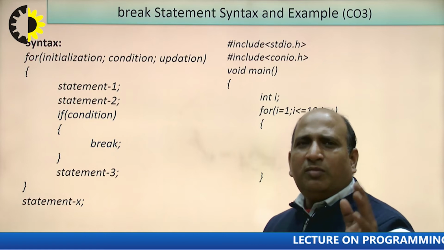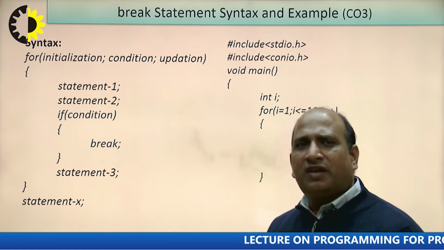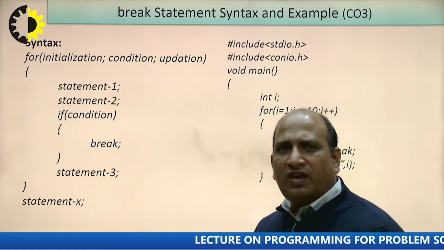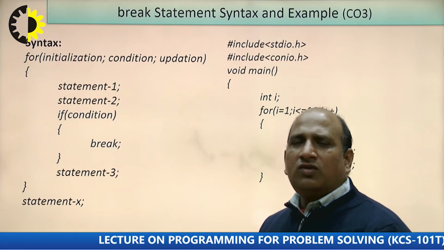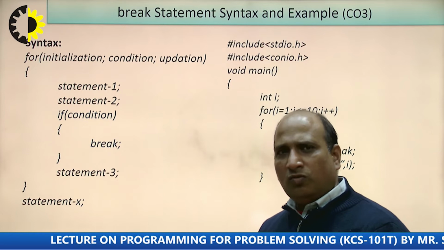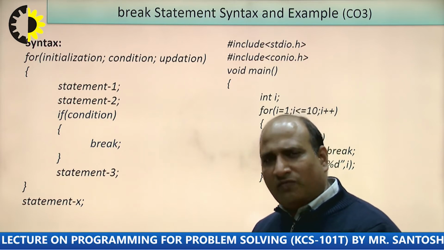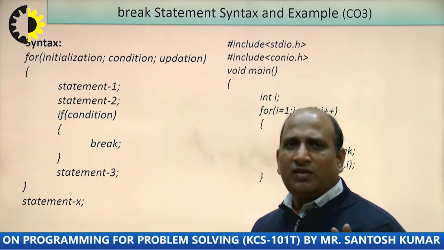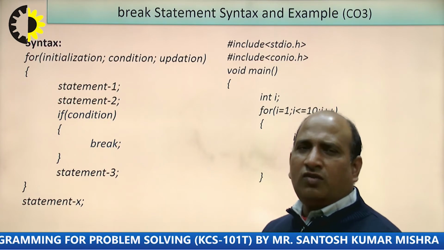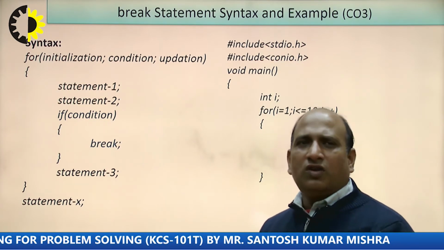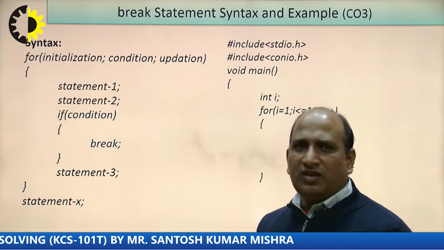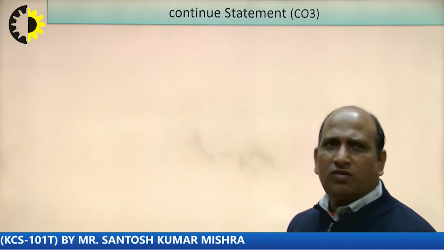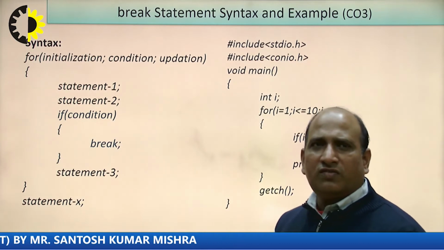When i becomes 5, then i equals 5 becomes true, and break is encountered, and control will come outside the loop. Means from 5 nothing will be printed, because whenever 5 is encountered, the control will come out of the loop. Means only 1, 2, 3, 4 will be printed. Means the output of this is only 1, 2, 3, 4.